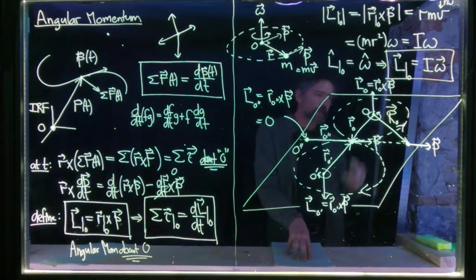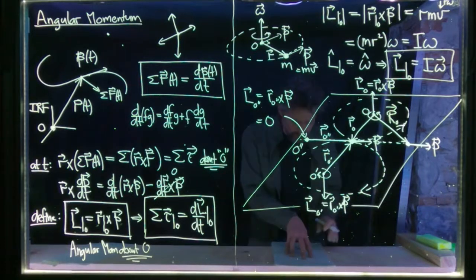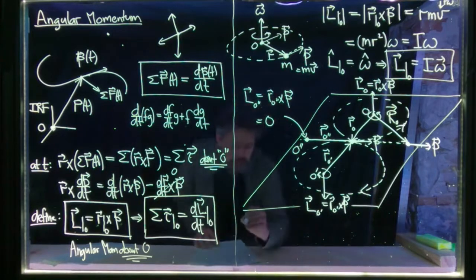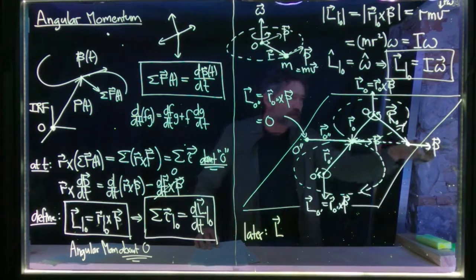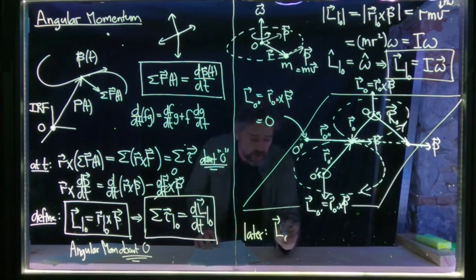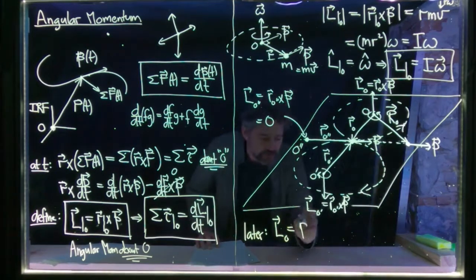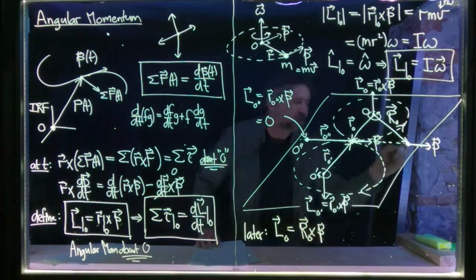So later in time, the angular momentum of this object about the point O is equal to this R0, vector cross product with the same p.